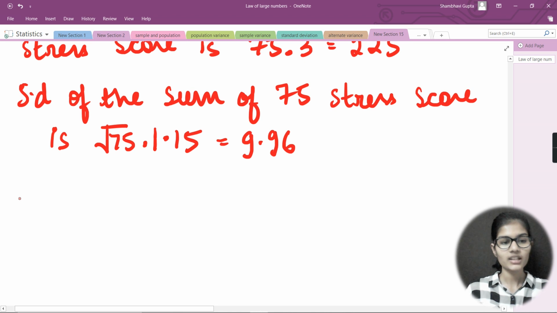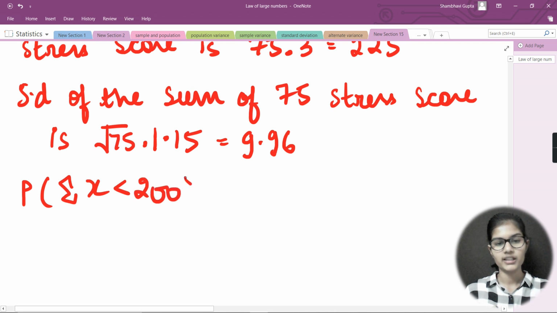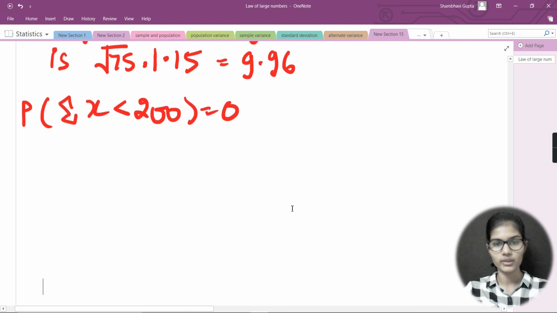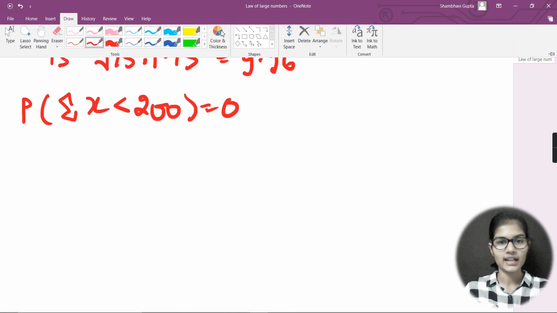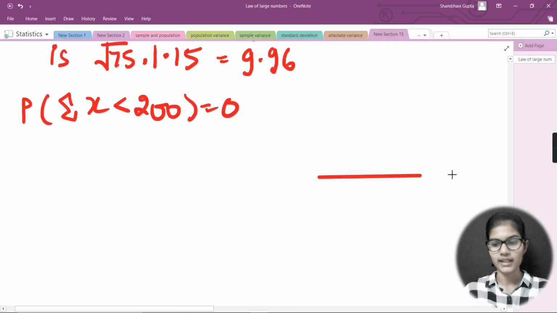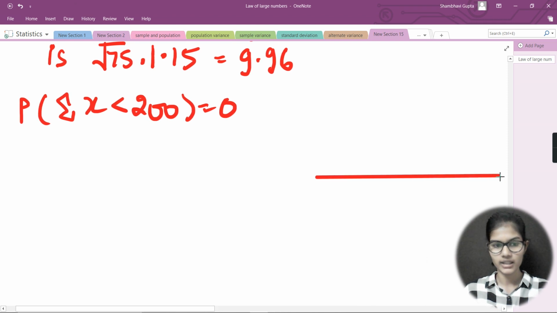That's over. Now how do we find the probability? I'm not going to repeat that again. You can find it, and it would be approximately equal to 0. Fine. Now I can also make the graph for this. Let me draw this line here, and yes, the line is something like this. You all know how we draw the graph.